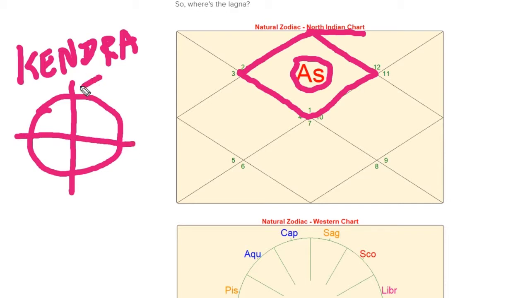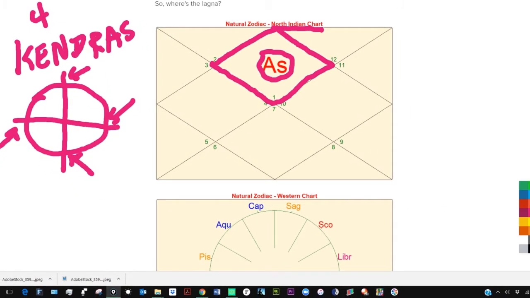So in each of these points, they're like 4 cardinal points: east, north, south, and west, called the kendras. So there are 4 kendras. And the idea that we want to get across here, that's important to understand, is that 4 kendras is the same thing as 2 axes, or two lines.